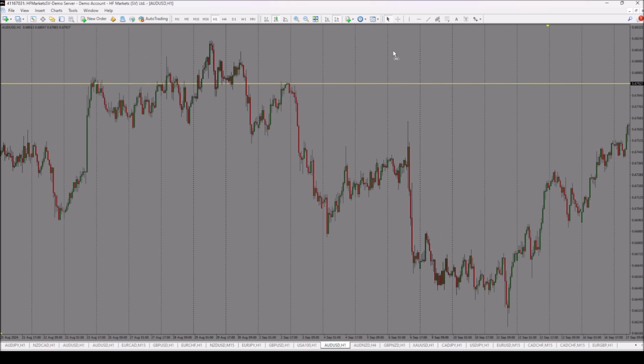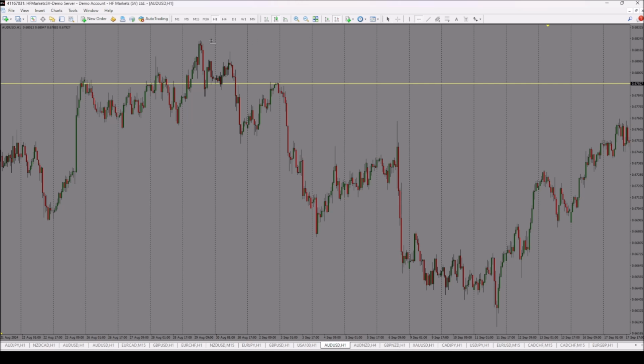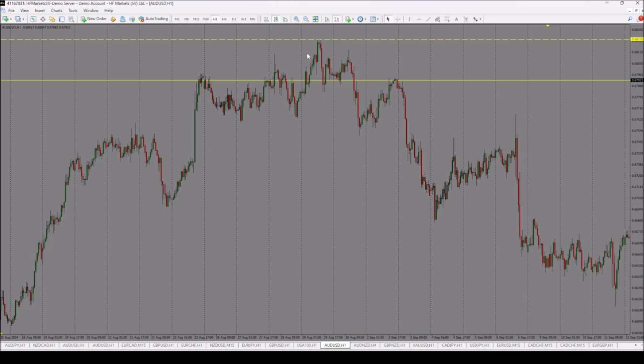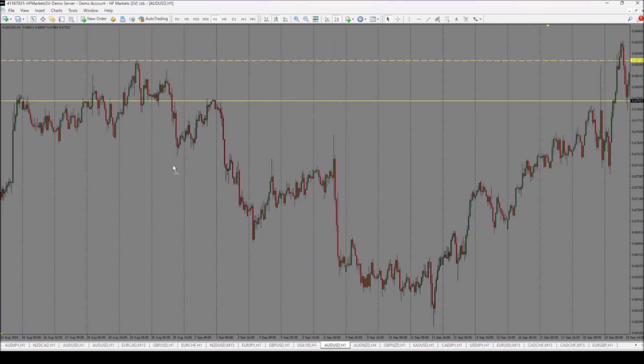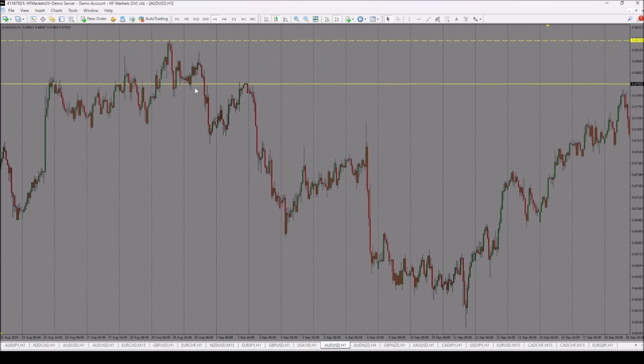The first thing is basically to find turning points. Like in this particular case, you can see that the market was going to the upside and it turned at this particular point. From there, we start what we call a new market maker cycle, which basically involves levels or impulses.